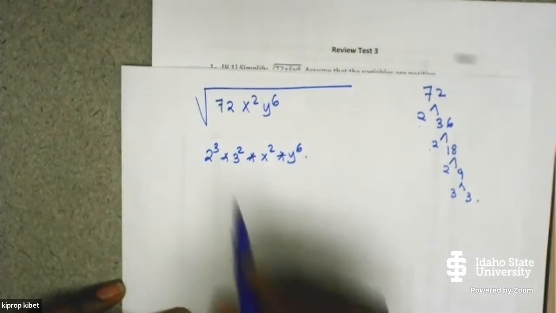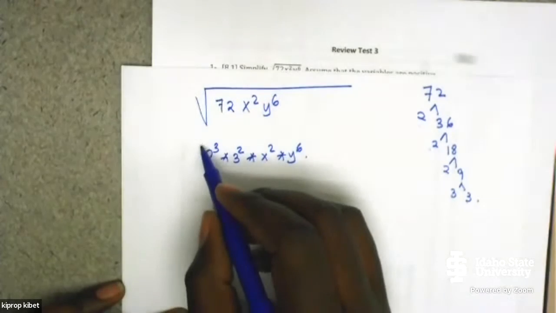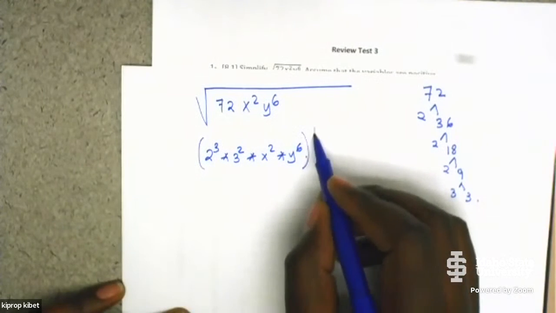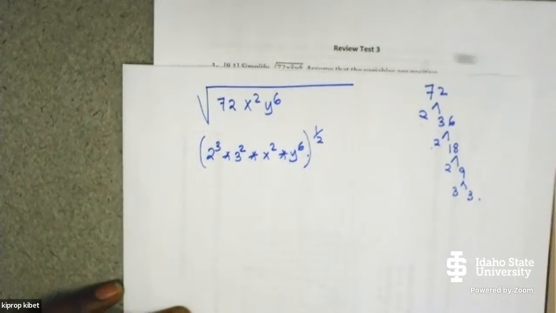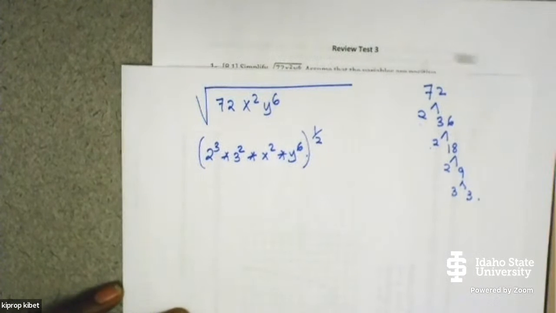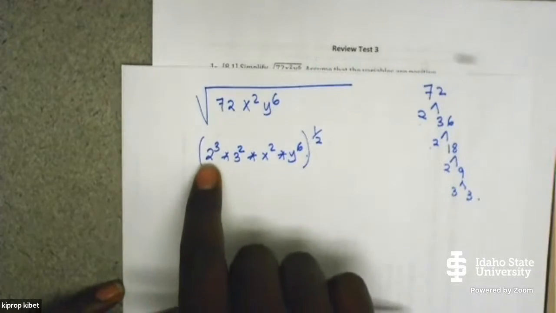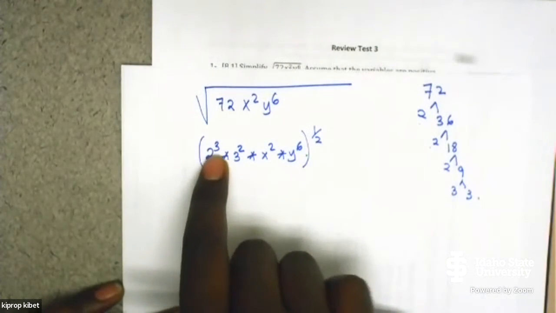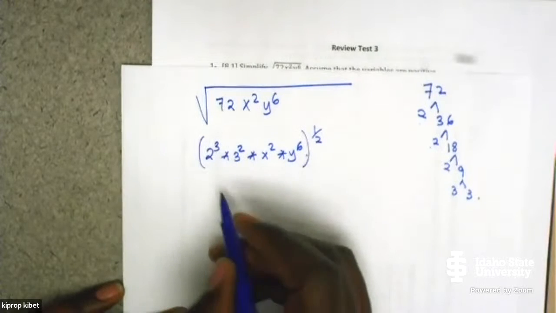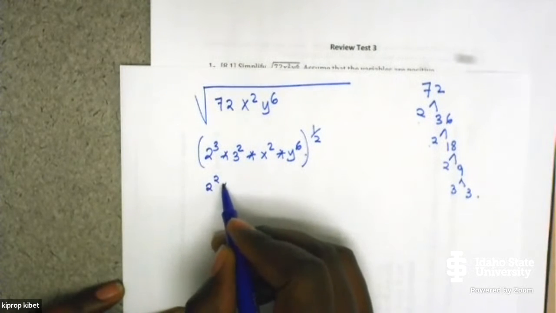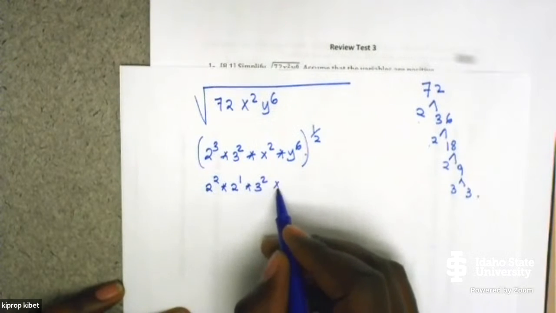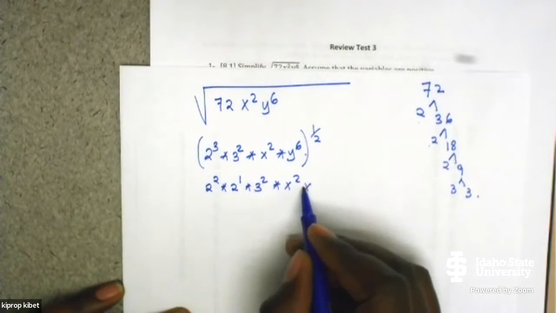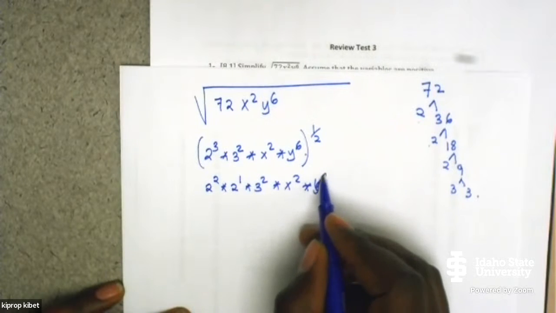Since this is the square root, it is all raised to 1 over 2. We can write 2 raised to 3 as 2 raised to 2 multiplied by 2 raised to 1.